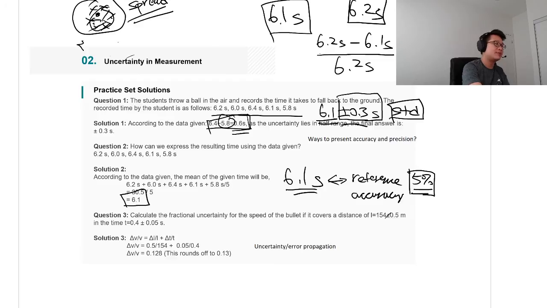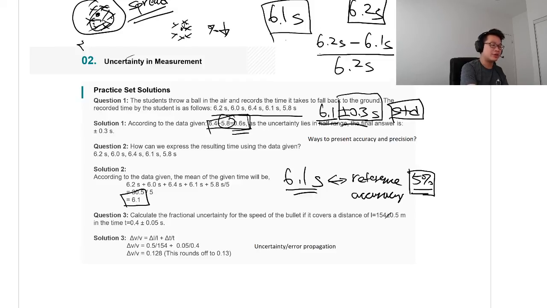So assume the center point is right here, but the spread is really, really close, and the distance is very, very small. Then when we take the relative spread over the mean, the percentage will be small as well.